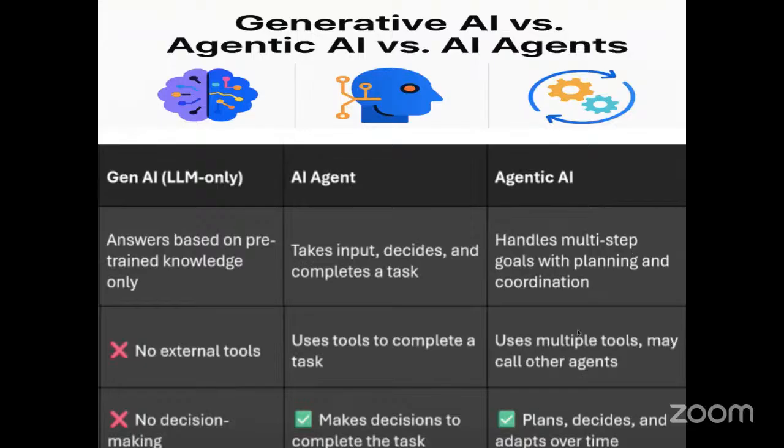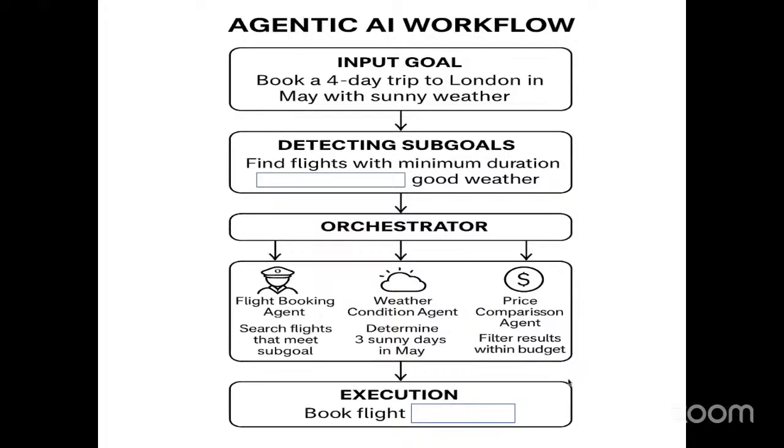It can have multiple tool calls. In agentic AI, one agent can talk to another agent. The example I was talking about is price comparison. Suppose this agent has booked the flight for $500, and the hotel booking agent has booked the hotel for $300,000.